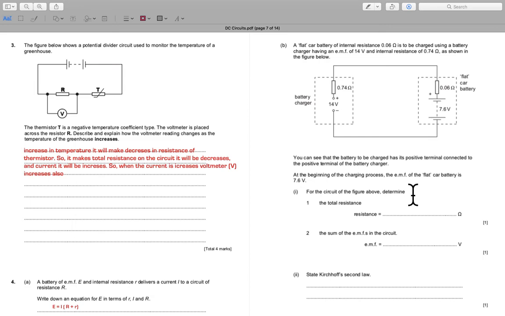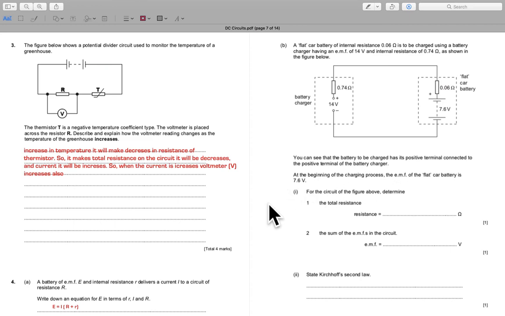Okay, B. A flat car battery of internal resistance 0.06 ohm is to be charged using a battery charger having an EMF of 14 volt and internal resistance of 0.74 ohm, as shown in the figure below.